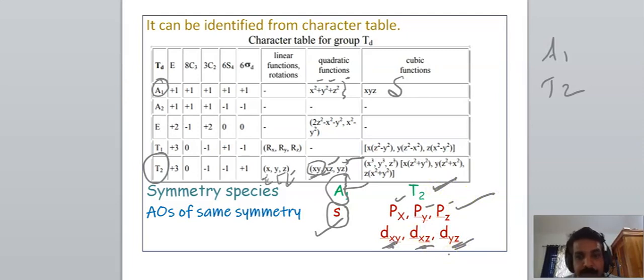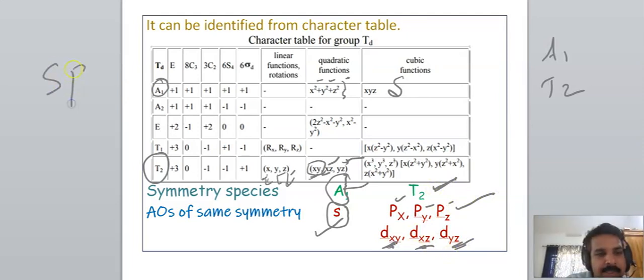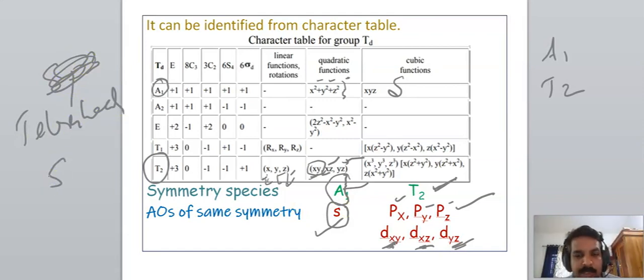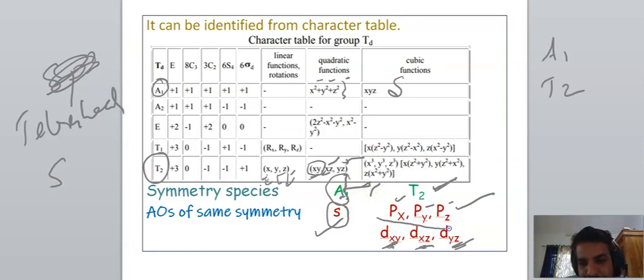Therefore, for tetrahedral hybrid orbitals, s must be there, because one of the orbitals should have A1 symmetry. So one orbital must be s, and the other 3 will be a set of p, that is sp3.